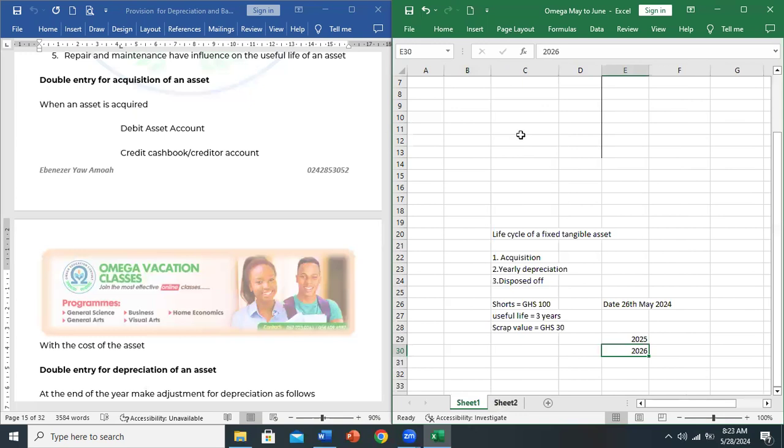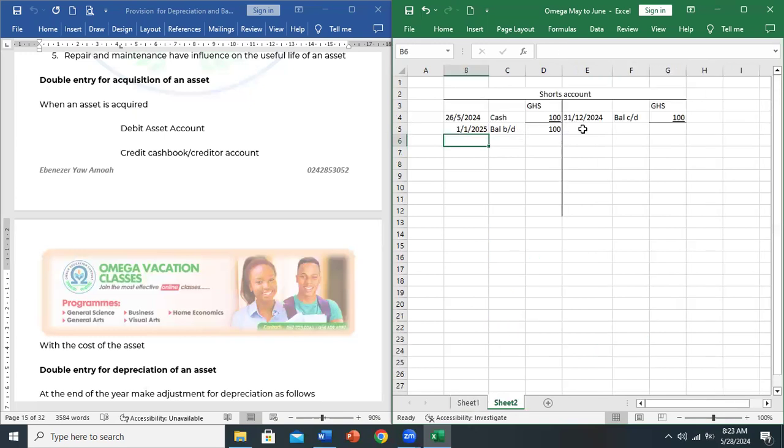So let's do the balancing of 2025 since nothing happened. So 31st December 2025, balance carried down. Please, if there's any question, feel free to let me know. Then we go to 1st January 2026, balance brought down.